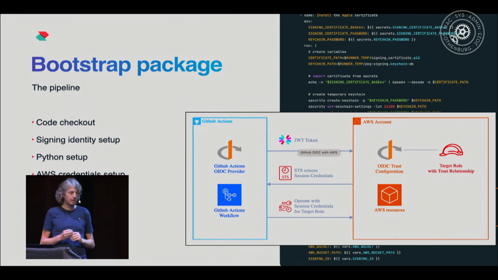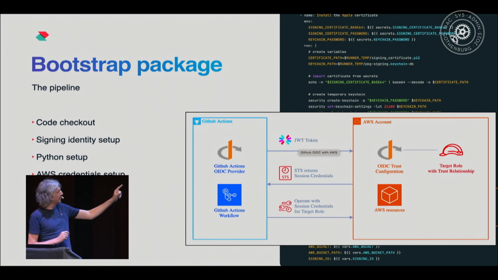There is a very interesting feature of GitHub, but also GitLab, that GitHub can provide the workflow with a signed JSON Web Token. And inside the token, there are some nice claims, for example, the repository name. On the AWS side of things, you can configure an identity provider that can verify the JSON Web Token signed by GitHub, and then there is an associated role that can be assumed with a web identity.